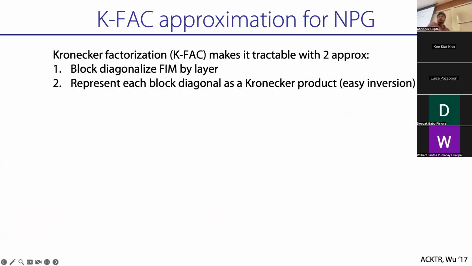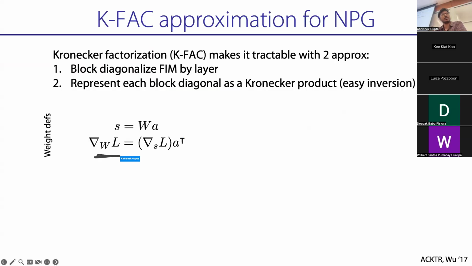Okay, so what we're going to do is try to compute the gradient of our loss function. Let's call our loss function L. It's going to be the log probability. We're going to compute the gradient of our loss function with respect to some weight matrix, call it W. Let's say our post layer activations are going to be S. If you want to compute the gradient of your loss function with respect to W, just by using chain rule, you can write it as the gradient with respect to S times the gradient of S with respect to W, which is A transpose.